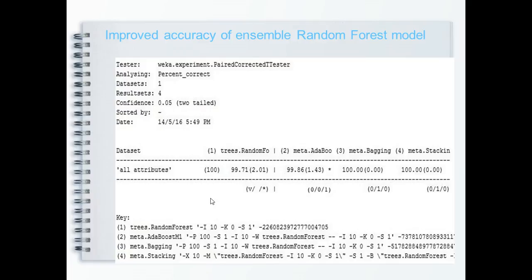We have used a Weka experimenter. Here you can see that the AdaBoost random forest has improved accuracy compared to the simple random forest. You can see here it is 100% accuracy, and here is a star, which means it is significant, and without a star it means it is not significant.